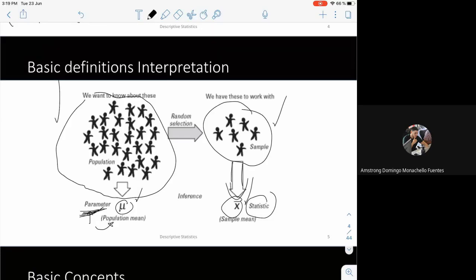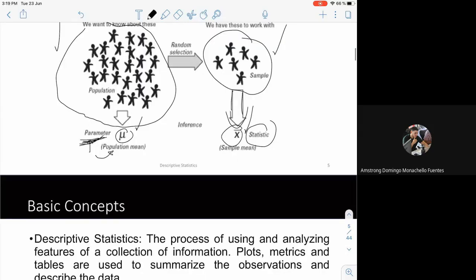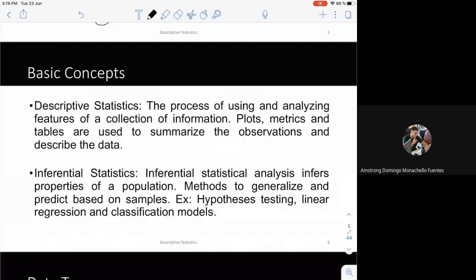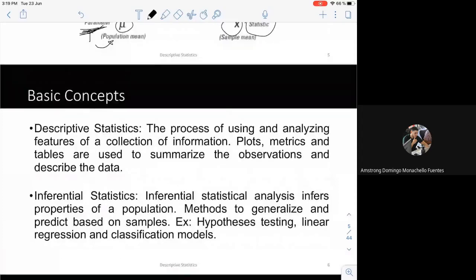So these are the branches of statistics. The first one is descriptive statistics. That's the name of this unit. What is the purpose of descriptive statistics? It's just to summarize data.